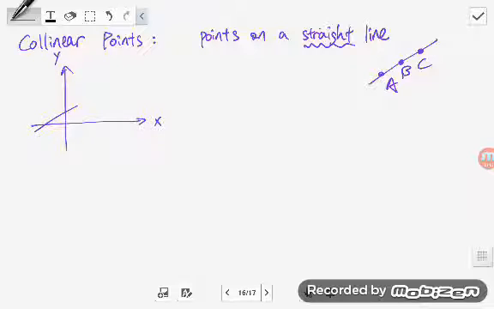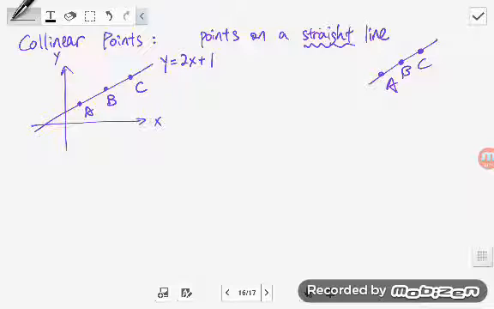So I have a straight line and 3 points: my point A, my point B, and my point C. How can I prove that these 3 points are collinear? Let's say this straight line has an equation of y is equal to, just for example, 2x plus 1.